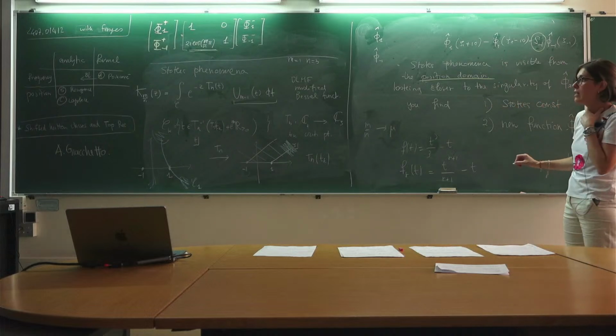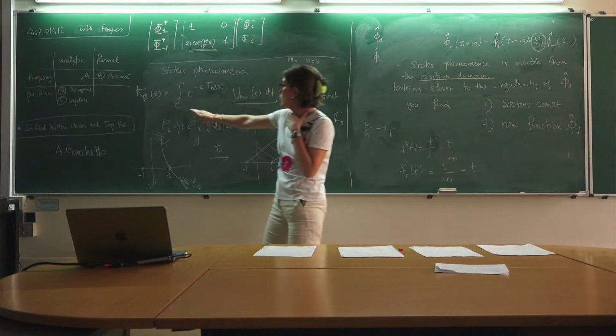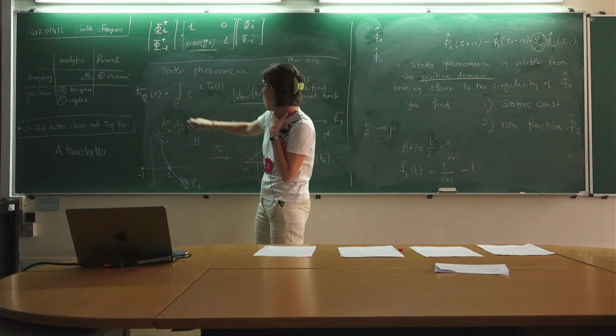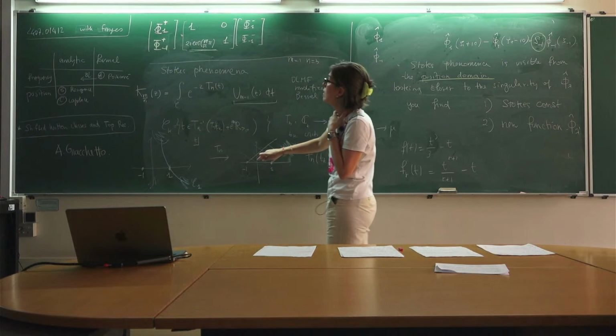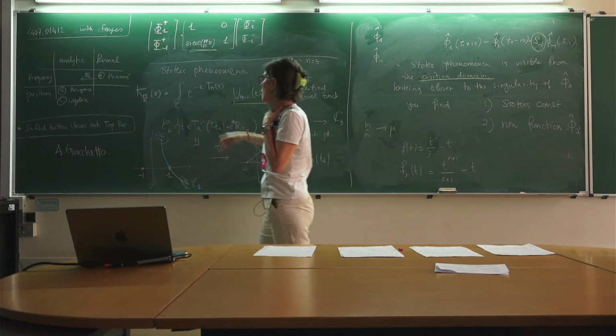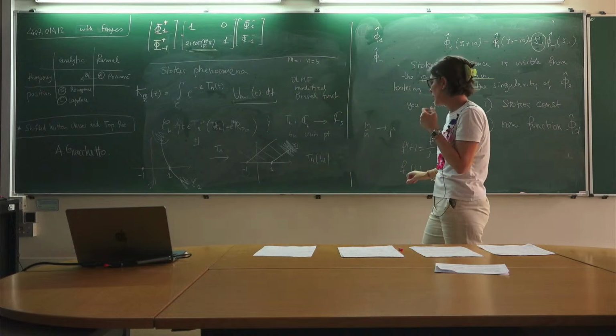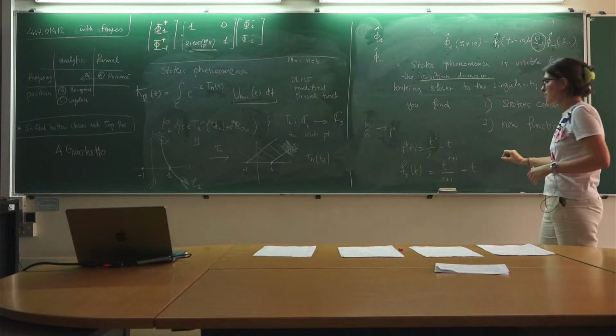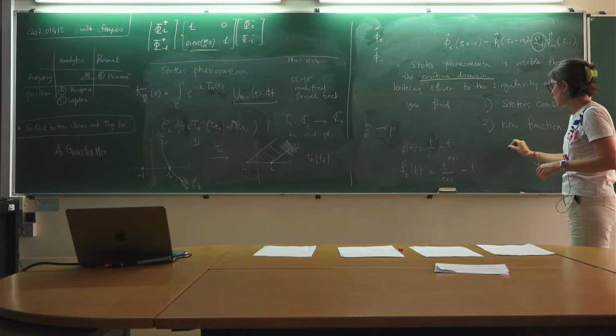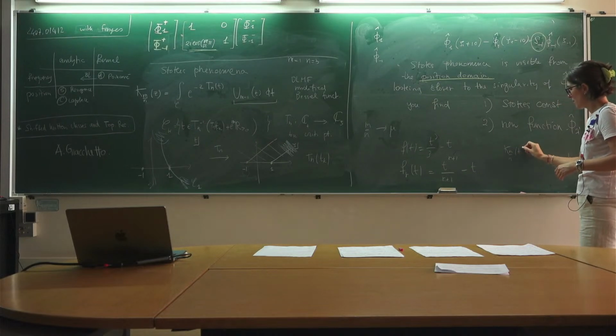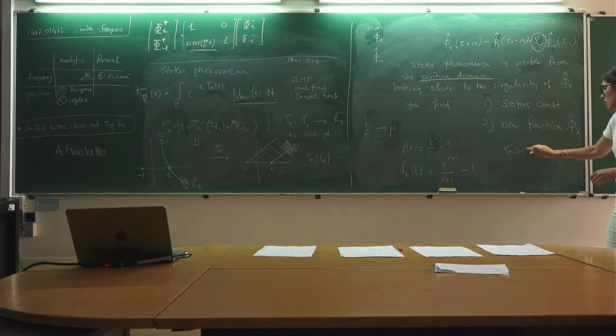It depends of course which contour you take. If you take C1, corresponding to this, you will get back phi 1 tilde. So you can compute the asymptotic expansion, and you get one of the formal power series.